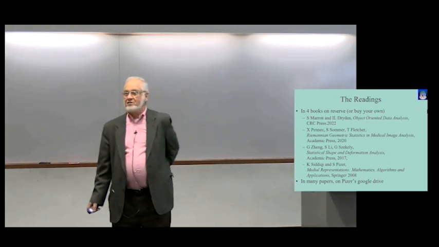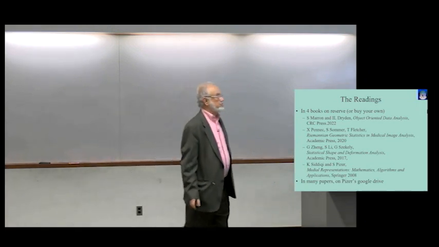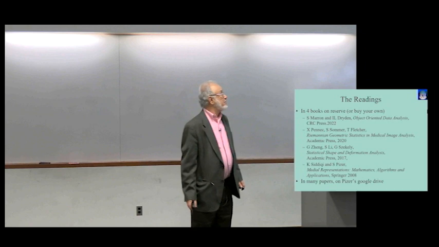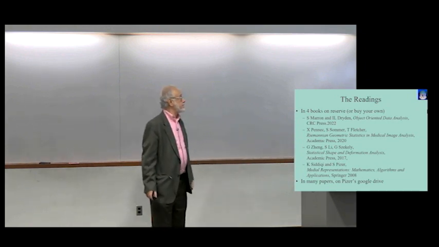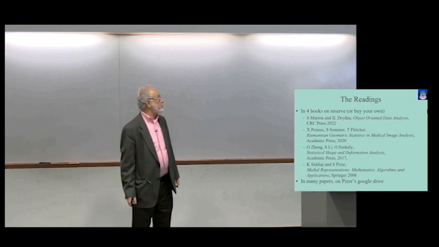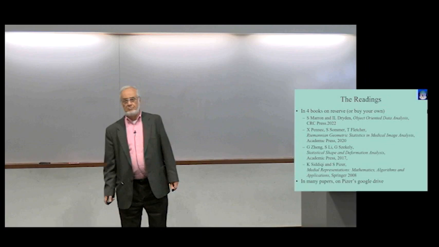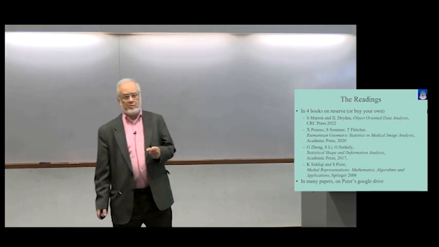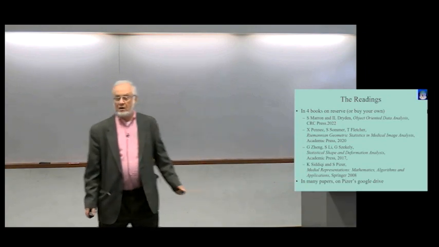He goes by Steve, but his initials are J.S. Steve Marron is a collaborator of mine and a senior statistics professor, and he and Ian Dryden have recently produced a book called Object-Oriented Data Analysis. And many of the things that we'll be talking about when we talk about statistics are going to be found in that book.